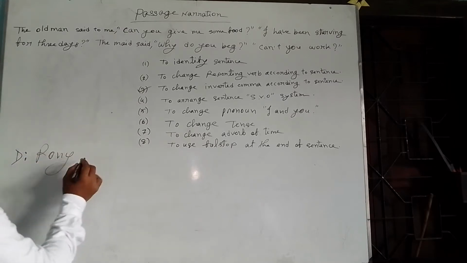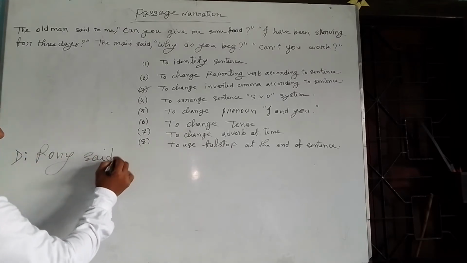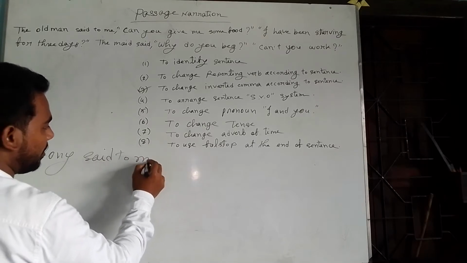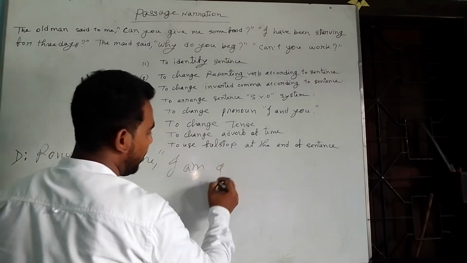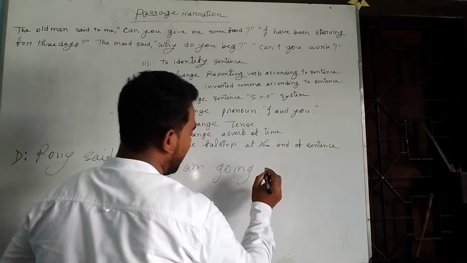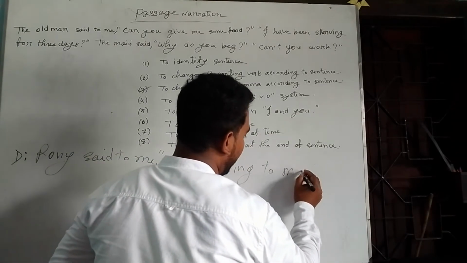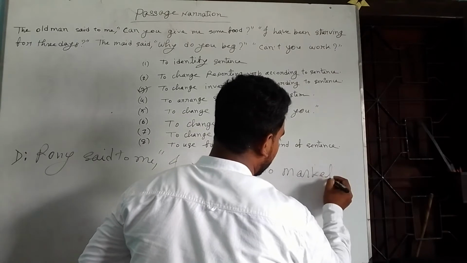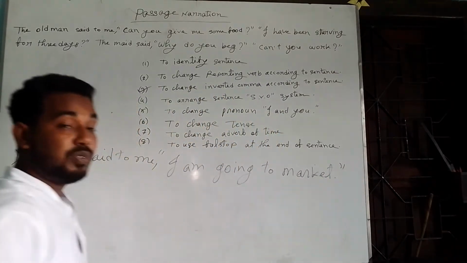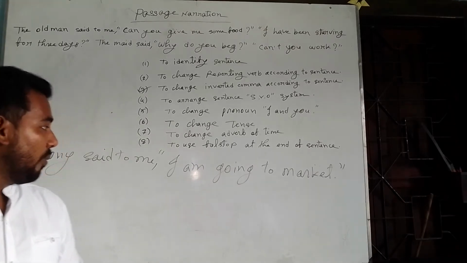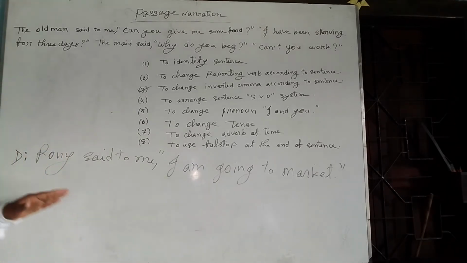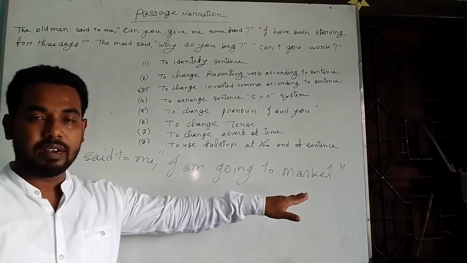Ronnie said to me, I am going to market. Dear student, here I have written a direct narration. So here you can see, Ronnie said to me, I am going to market.